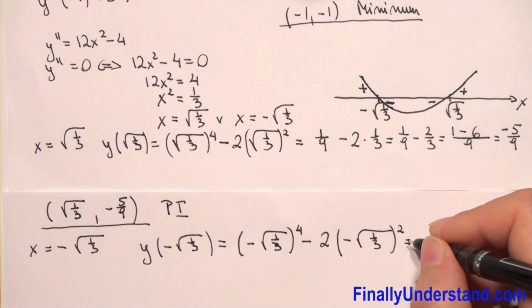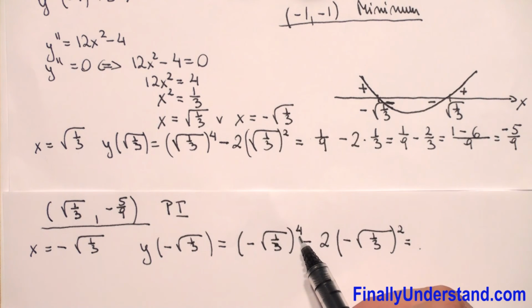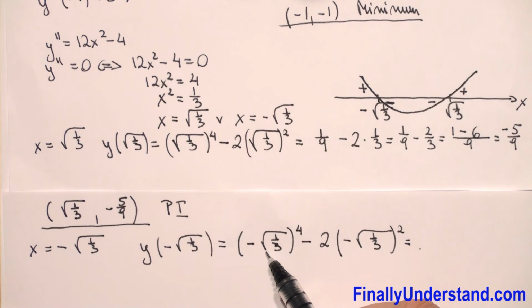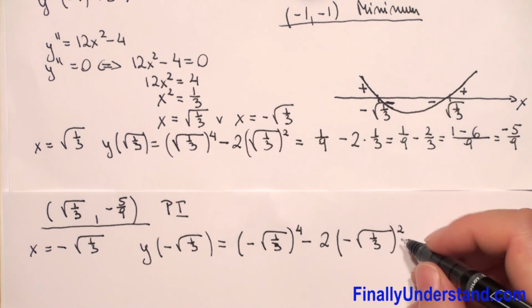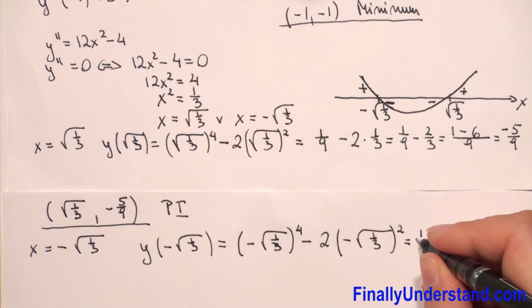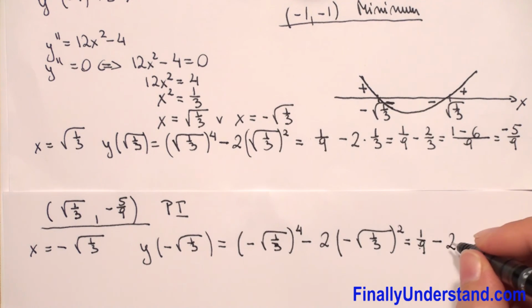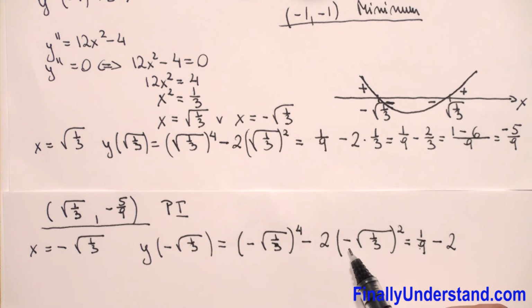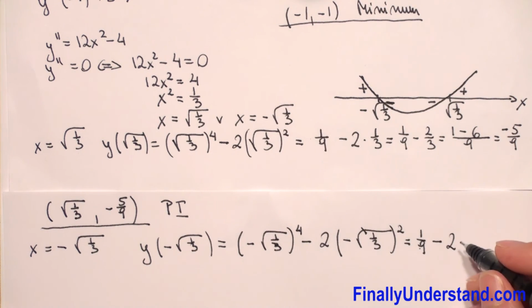So this is equal to, a negative sign to the 4th power gives us positive. Square root of 1/3 to the 4th power is 1/9 minus 2 times, a negative sign to the 2nd power gives us positive. The square root to the 2nd power will cancel the square root. So we have times 1/3.